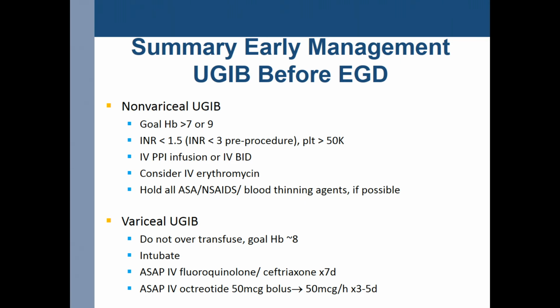Have a very low threshold to intubate these patients to protect their airway, and also begin right away IV fluoroquinolone or ceftriaxone for 7 days, as well as an IV octreotide drip that is 50 microgram bolus followed by 50 microgram per hour for 3 to 5 days.